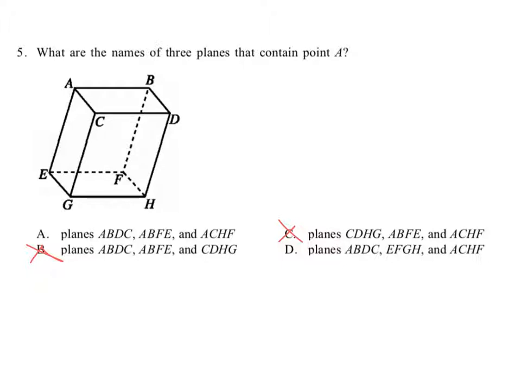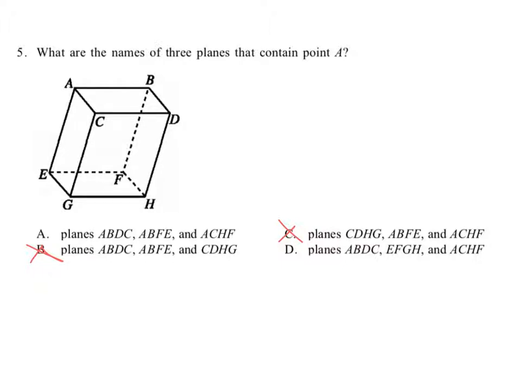It's in its name. A, C, H, F. This is an interesting one, and I'm going to get back to this in just a second. And then E, F, G, H. So let's look at E, F, G, H. E to F to G to H, that's on the bottom.